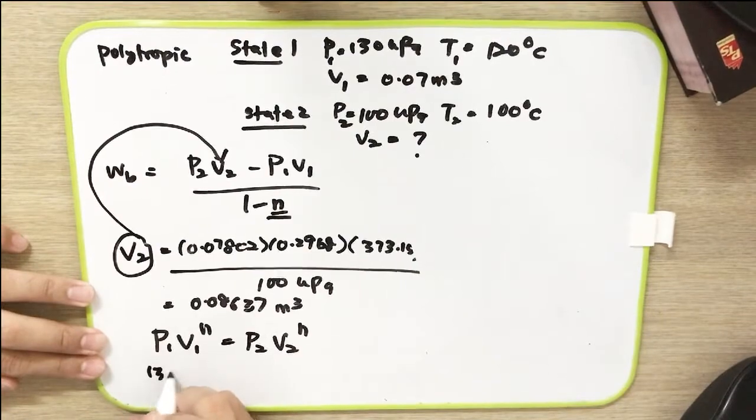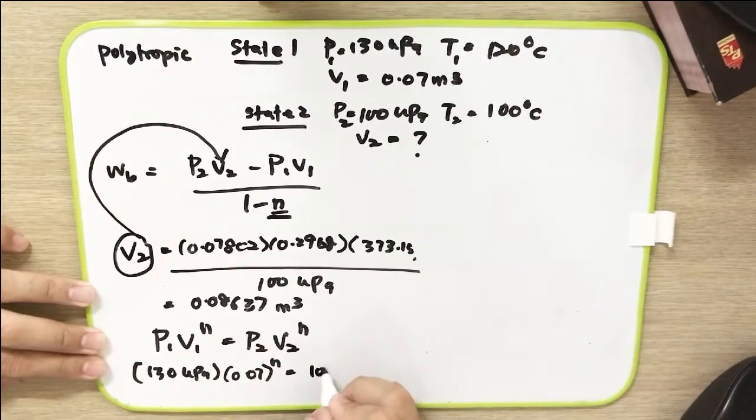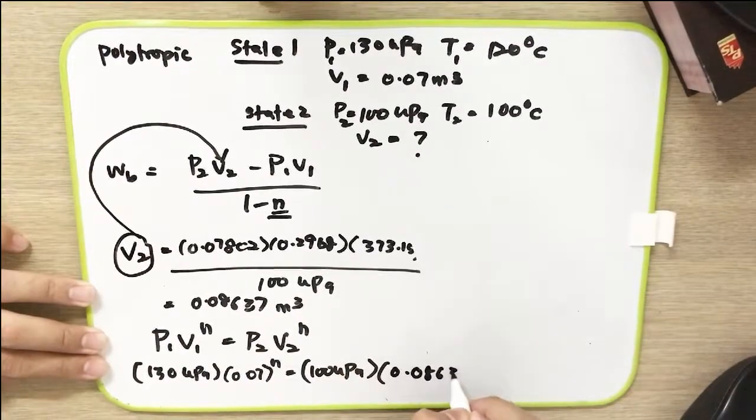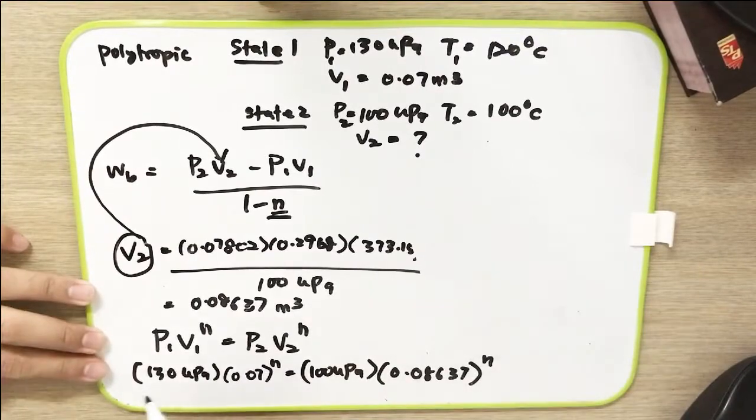P1 is 130 kilopascal, V1 is 0.07, to the power of n, is equal to P2 is 100 kilopascal and V2, which we have just found, is 0.08637, to the power of n. After we solve this, we will get n is equal to 1.249.